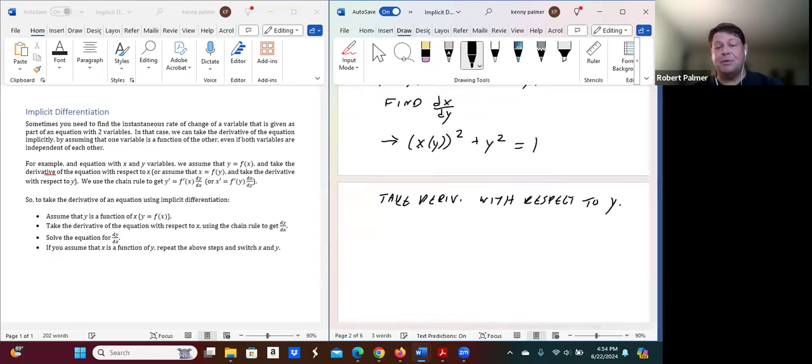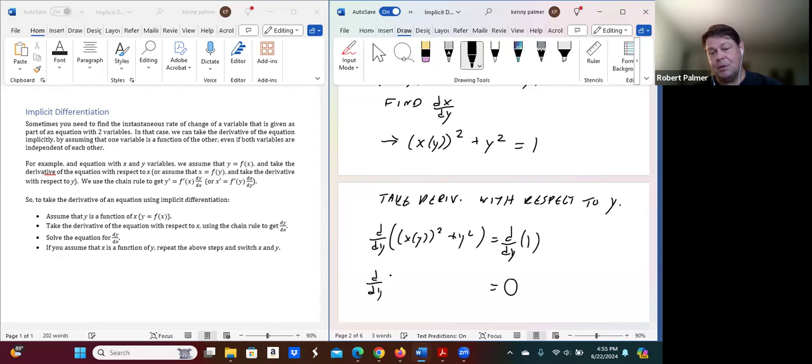Once again, we take the derivative of both sides with respect to y. Once again, this side is a constant, so that's going to be 0. Over here, we take the derivative of each part.